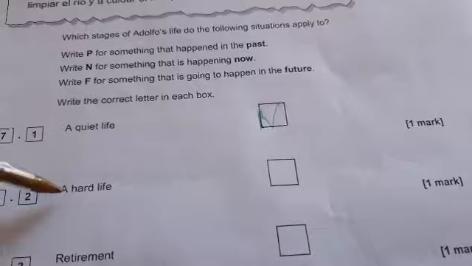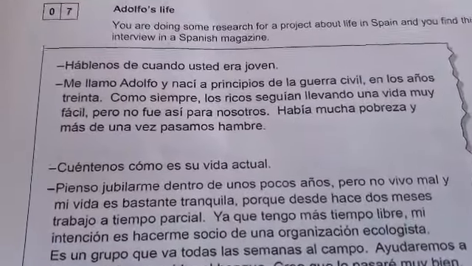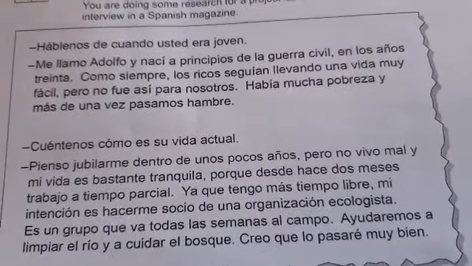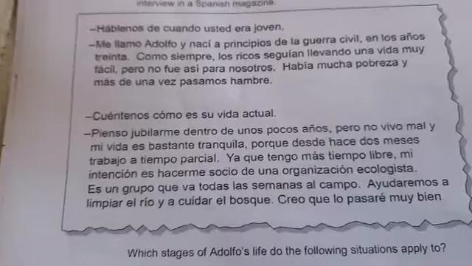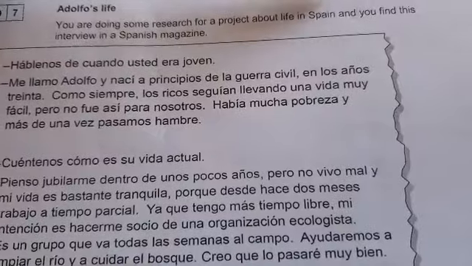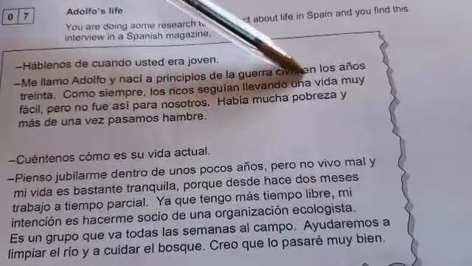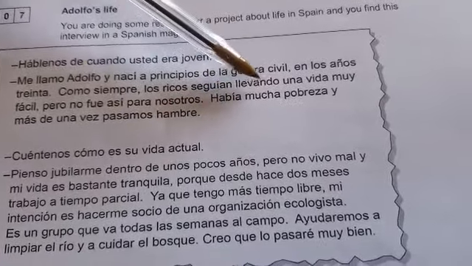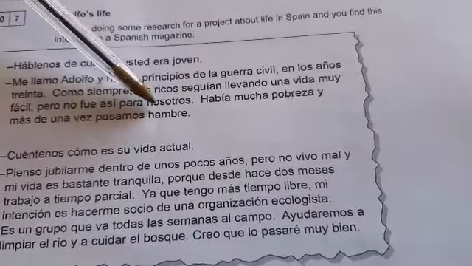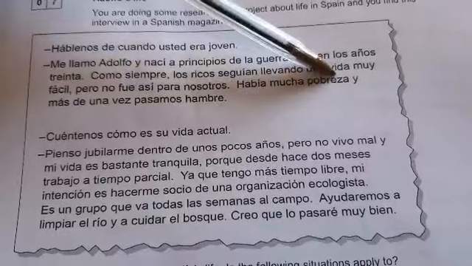Okay. A hard life. When did he have a hard life? Una vida difícil tiene que ser. What does it say there? Can you remember? Have a little look. Okay. So it says here, rich people kept seguían llevando, led a very easy life, but it wasn't like that for us, implying that it was hard for them because there was a lot of poverty.